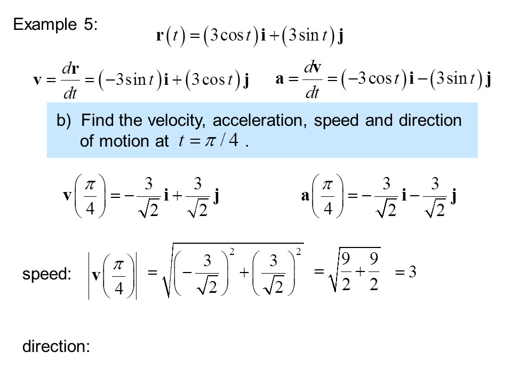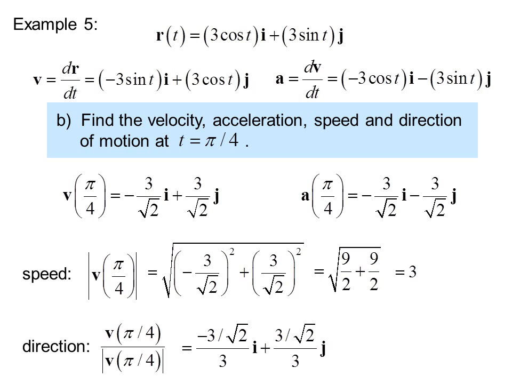Direction then is the velocity vector over the magnitude of the velocity vector, which is negative 3 over radical 2 divided by 3 i plus 3 over radical 2 divided by 3 j.